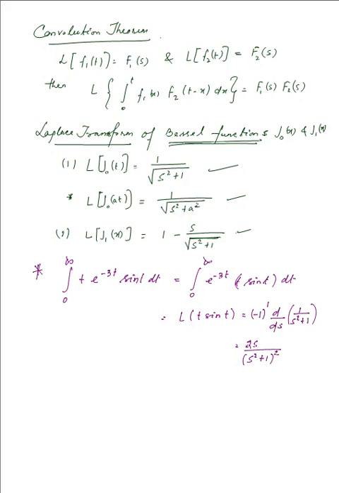And now s has the value of 3 over here, because e raised to the power minus st is e raised to the power minus 3t. So this is 2 times 3 over 3 squared plus 1 whole squared. So this is simply 6 over 100, or you can take it as 0.06 or 3 by 50, anything you like, but that's the answer.